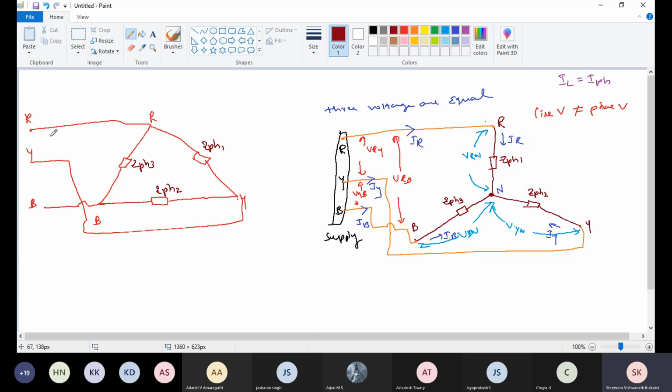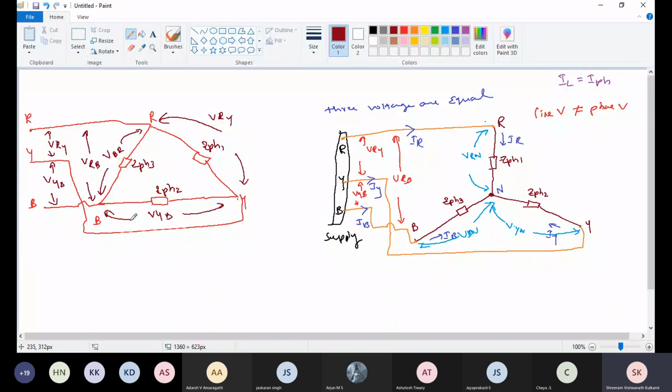Here also the voltage across the line is VRY, VYB and VRB. These are the line voltages. Then the voltage across the phases is VRY, VYB, VBR.